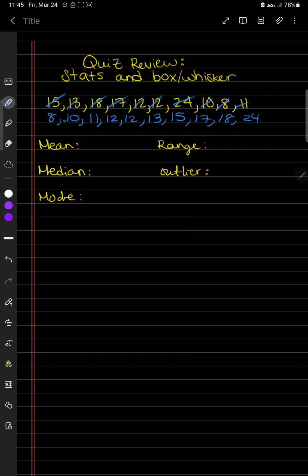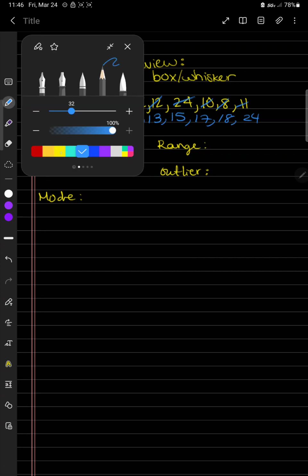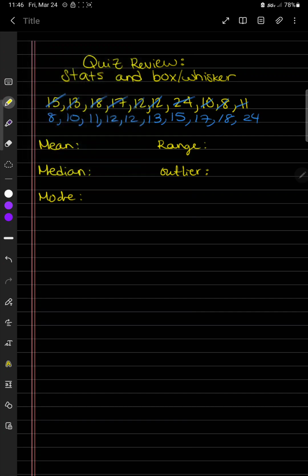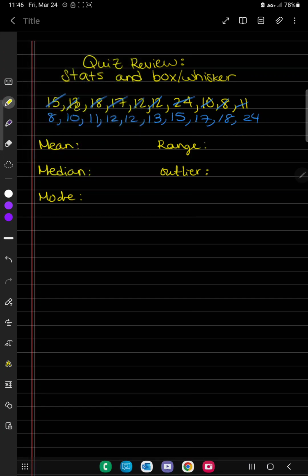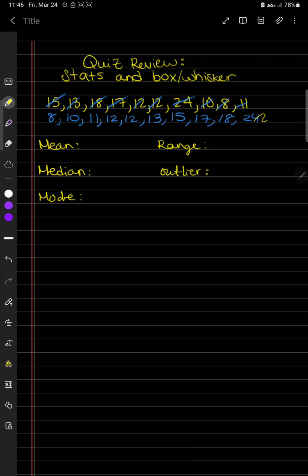The mean is when we add up all the numbers and then divide it by the number of digits that we have. So we'll get back to that one. Let's do everything else first. The median, we cross out on the line that's from least to greatest, left, right, left, right, left, right. So for the median, there's either going to be one number or two numbers left in the middle. If there's one number, that's your median. In this case, we have two numbers left in the middle.